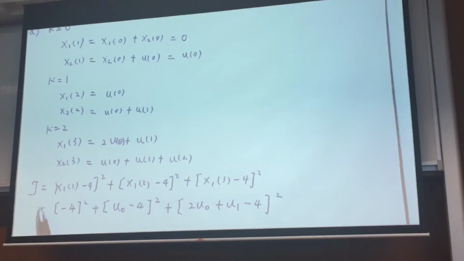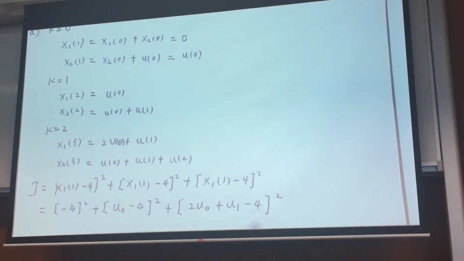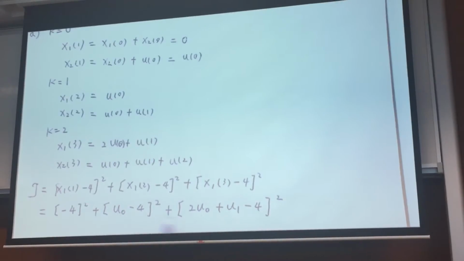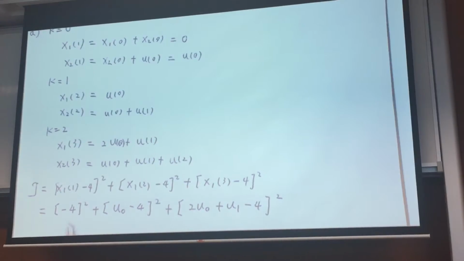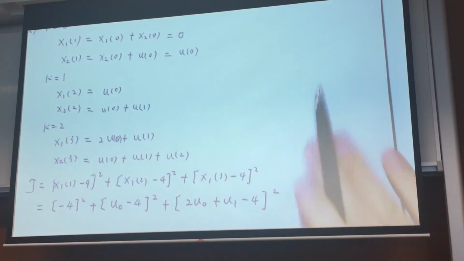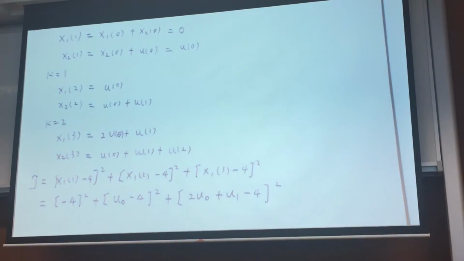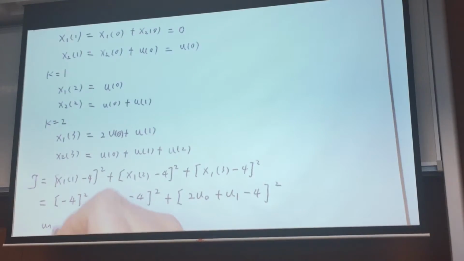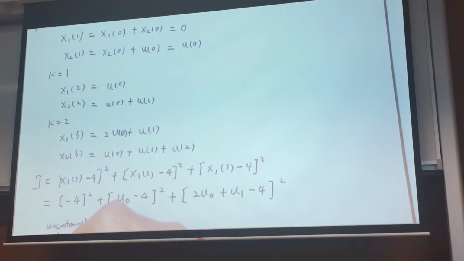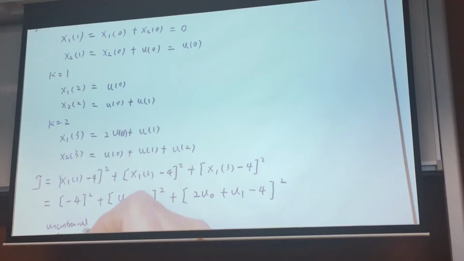So now we have the cost function in the proper format. Now the cost function only depends on the control input. So we change this cost function into our standard unconstrained optimization problem.